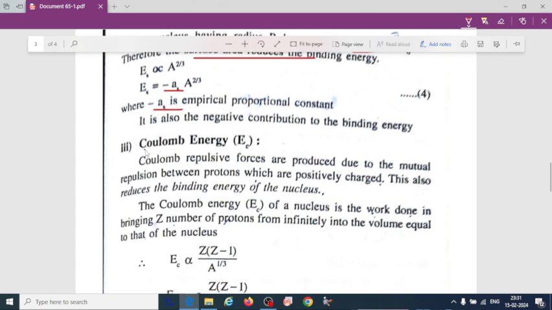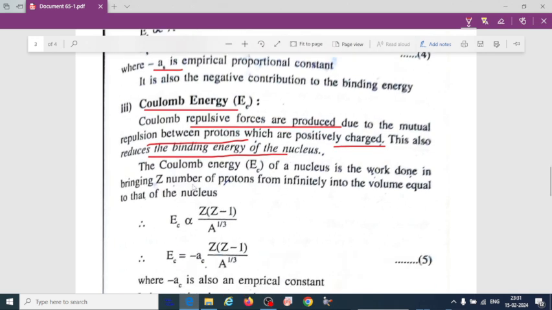The third one, Coulomb energy. Coulomb repulsive forces are produced due to the mutual repulsion between protons, which are positively charged. This also reduces the binding energy of the nucleus. Because two positively charged particles repel, this is a negative contribution to the total energy.